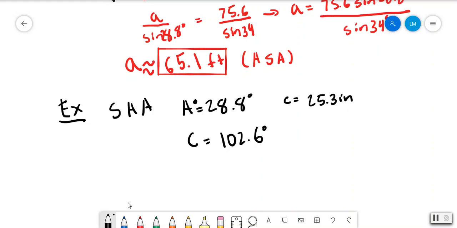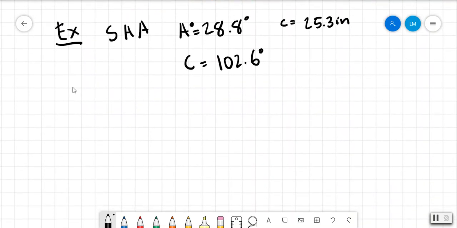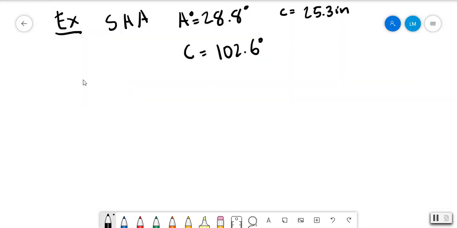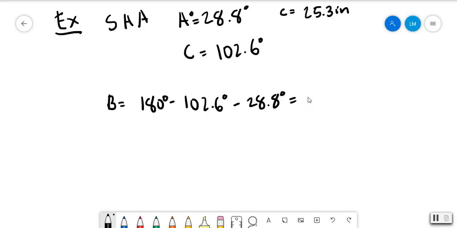Okay, so the next step is that you would need to apply the law of sines. Again, here it doesn't technically matter if we draw the diagram or not. You know that angle B is 180 minus 102.6 degrees minus 28.8 degrees, which is going to equal 48.6 degrees.